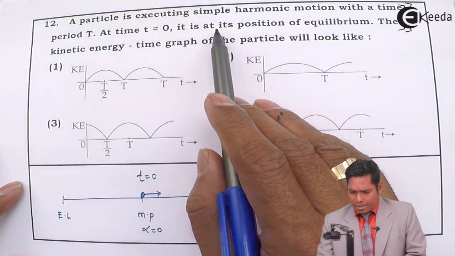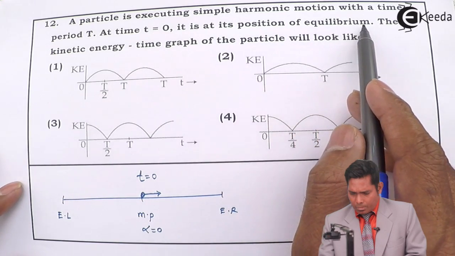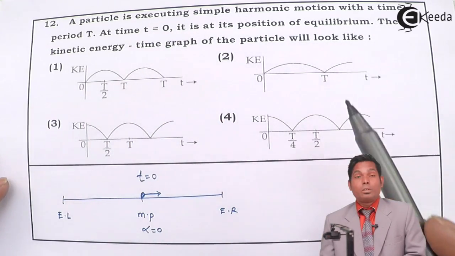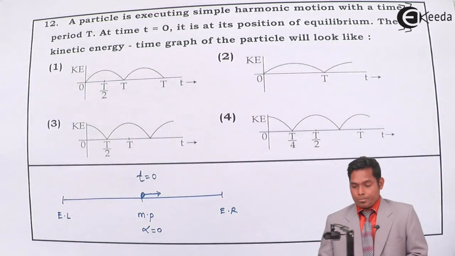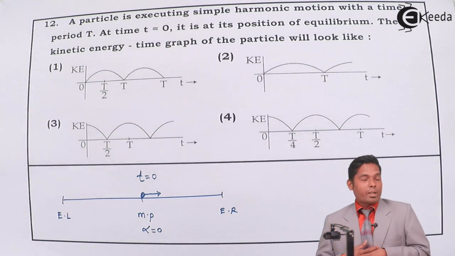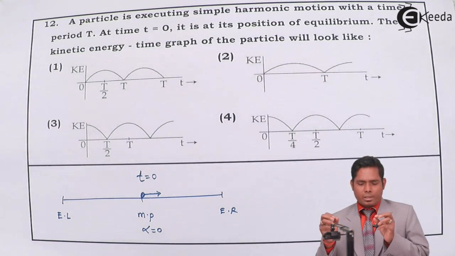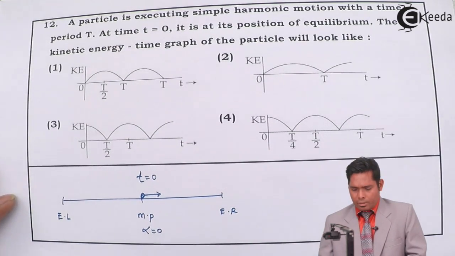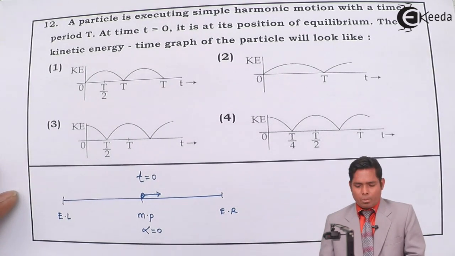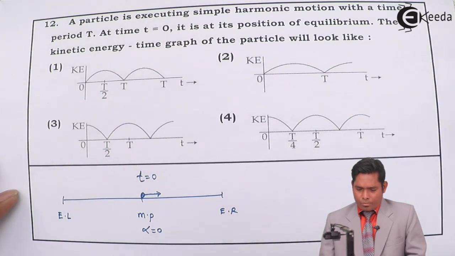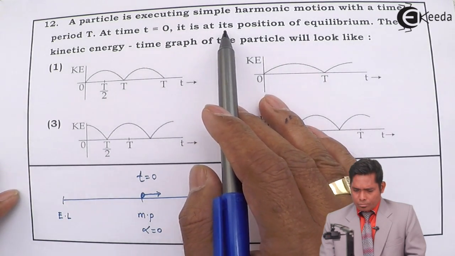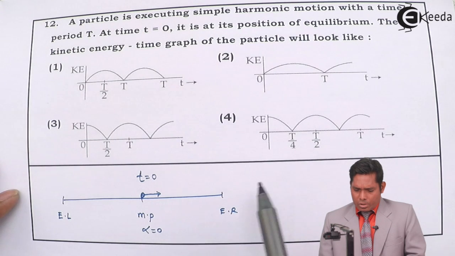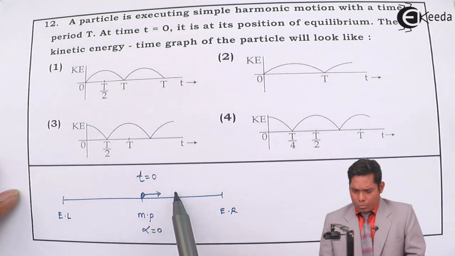So it is at its position of equilibrium; what will the kinetic energy versus time graph look like? That means you have to write the relation between kinetic energy and time t. If you are able to find the relation, then only you can plot the graph. So what is the continuous curve that you'll get?